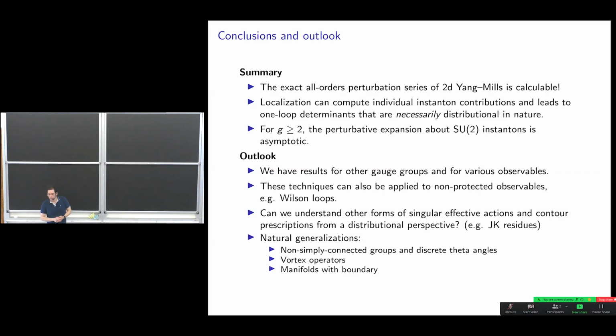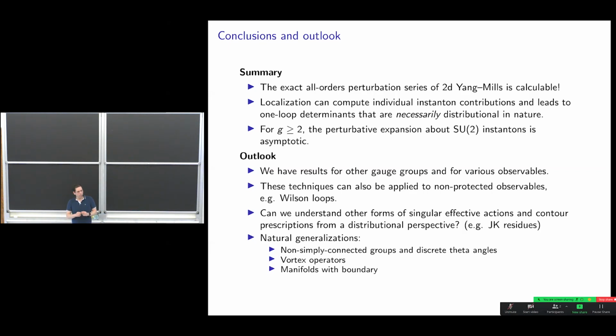So you mean that if I'm looking for critical points of the Yang-Mills action. Ah, sorry, real valued. Yes, yeah. So the question of a choice of contour is actually an interesting point.